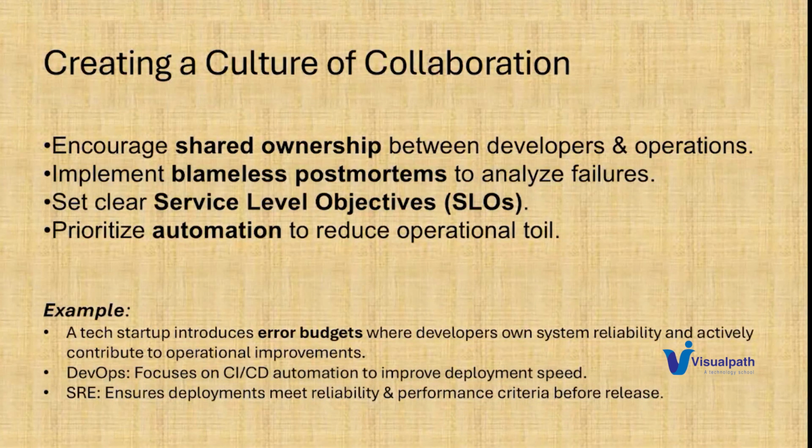And how can we remove those manual works? Through automation only. And this allows the development team and the operations team to spend more time on innovation rather than firefighting, rather than working manually on those works. So that is one thing.